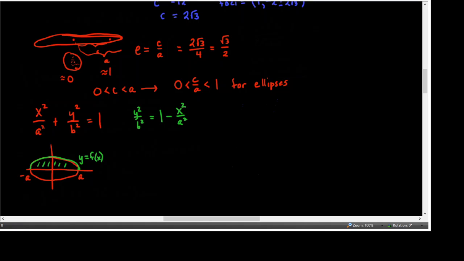Then if I were to multiply both sides by b squared, oops, getting ahead of myself. Multiply both sides by b squared.